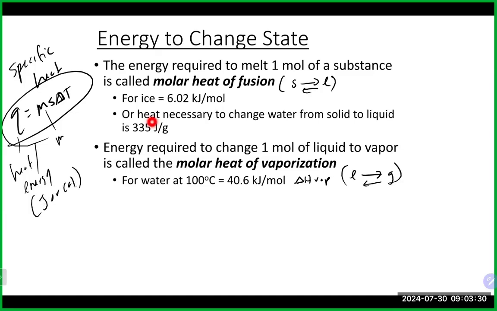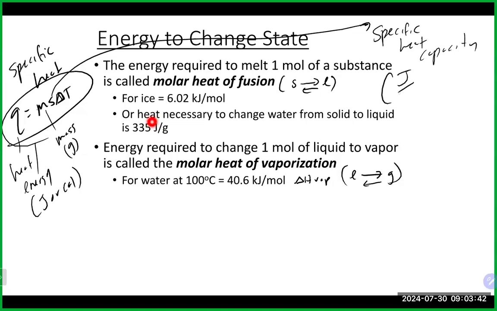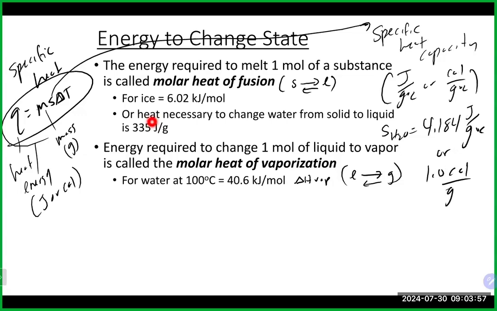M is mass, typically in grams. S is the specific heat capacity. These typically have units of joules per gram per degree Celsius or calories per gram per degree Celsius. For example, the specific heat of liquid water is 4.184 joules per gram per degree Celsius, or 1 calorie per gram per degree Celsius.